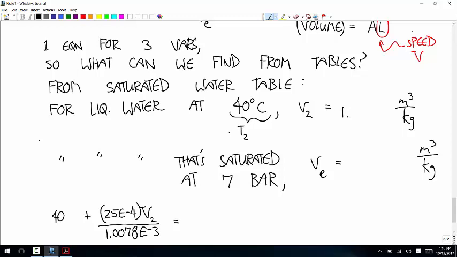So at inlet 2, 1.0078 times 10 to the minus third. At the exit, 1.108 times 10 to the minus third. And so 40 plus this is equal to 0.06. Up here I flip-flopped these.